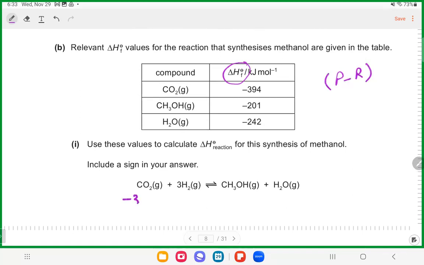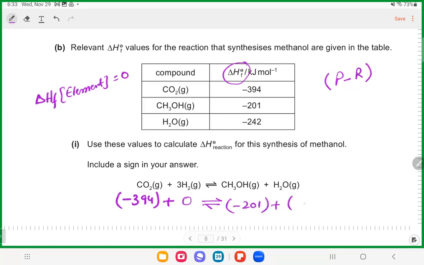Carbon dioxide is minus 394 plus hydrogen is not given, so what will we do? 0, because delta H formation of elements is 0. So for elements, it is never given. In a similar way, CH3OH is minus 201 plus H2O is minus 242.